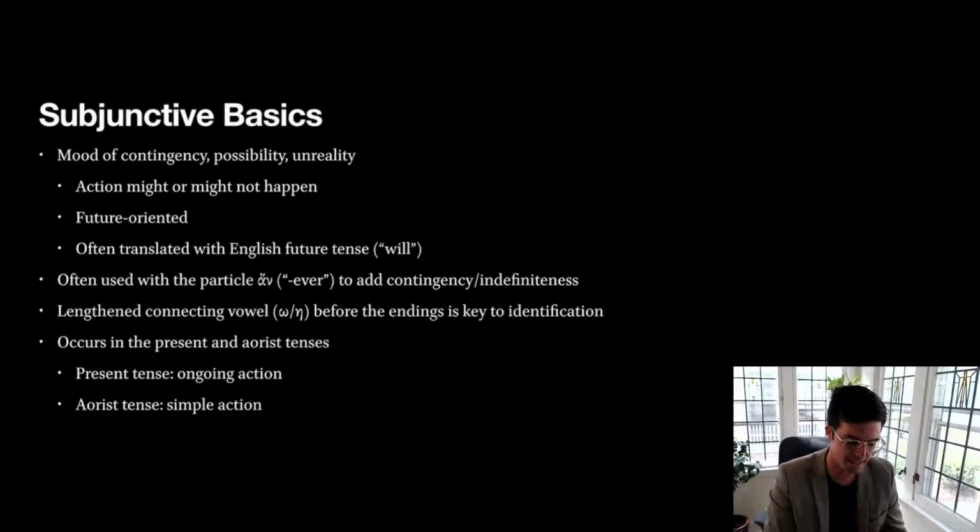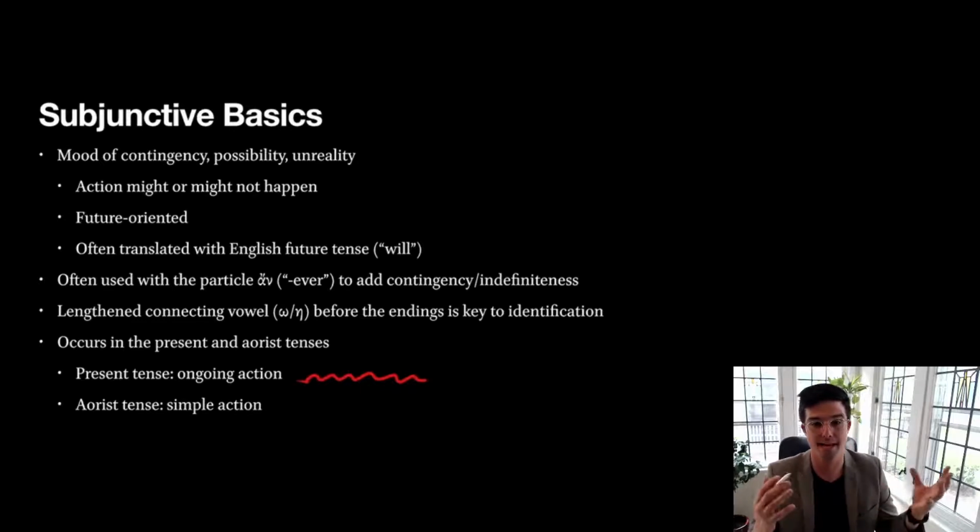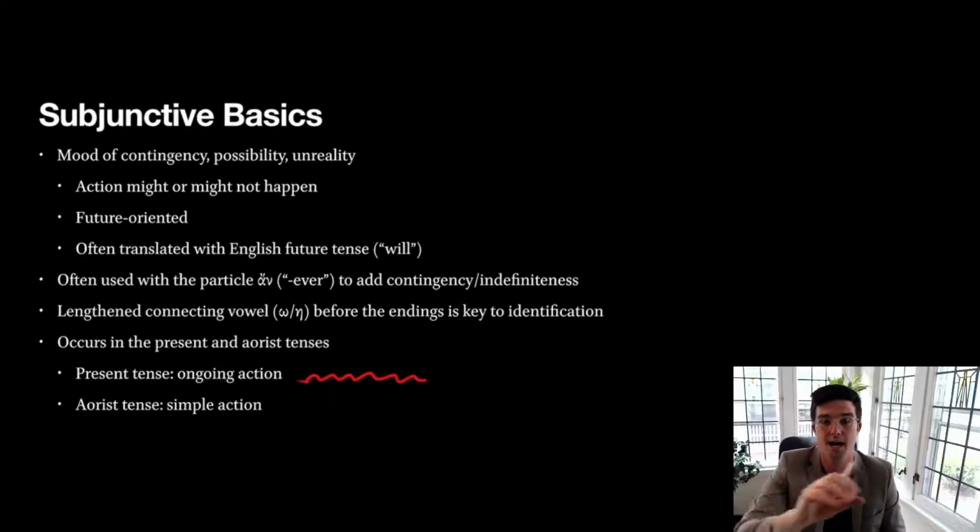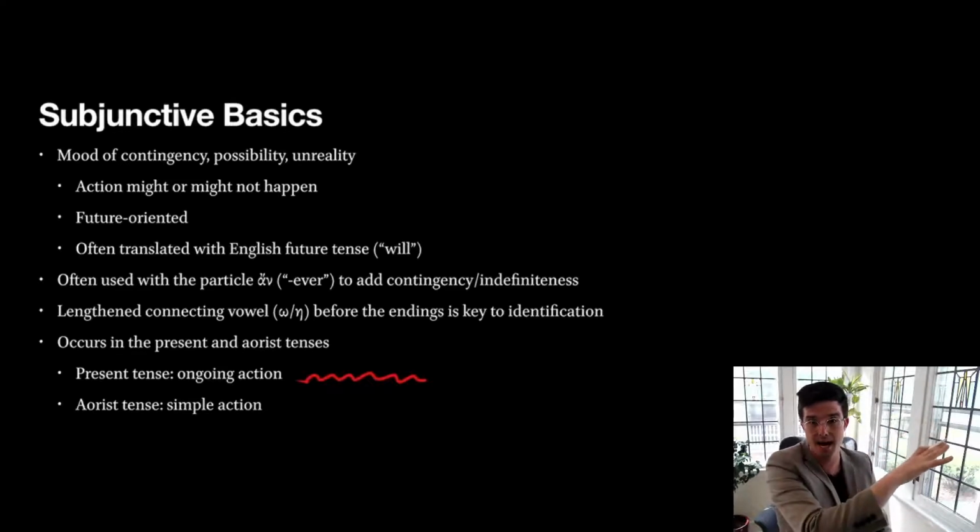So the present tense is going to be ongoing action. Remember, we often have depicted the present tense like this. The action is ongoing before the writer's or the speaker's eyes. It's happening over a period of time. So our imperfect indicative, he was loosing. The action happened in past time, but the kind of action is ongoing, was loosing.